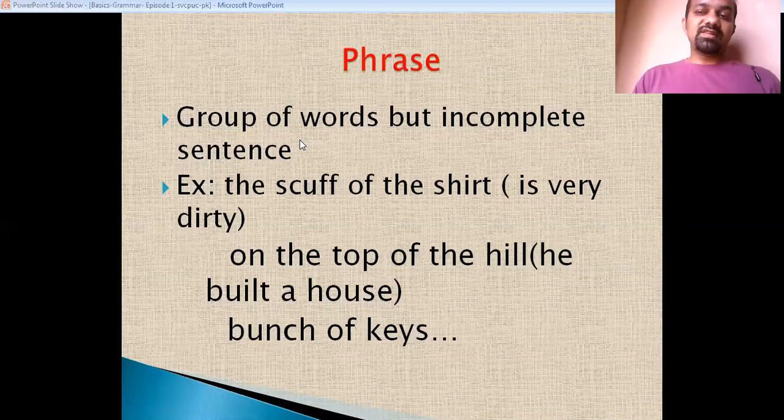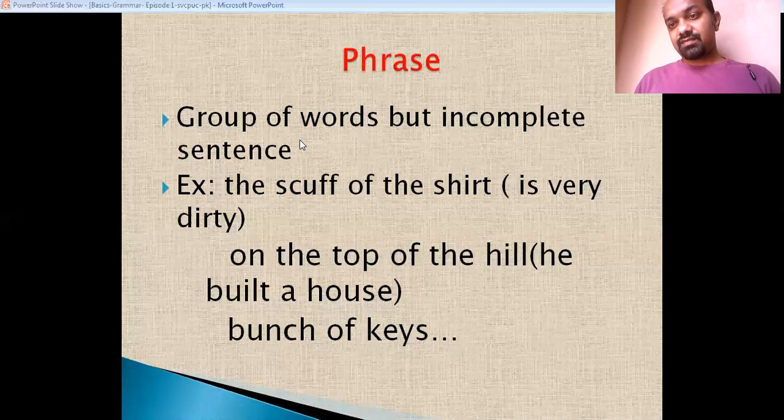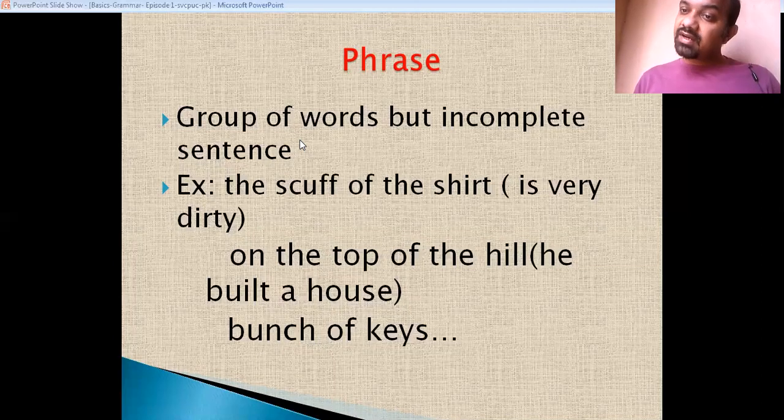Then look at a phrase. After sentence, we look at a phrase. What is a phrase? It is a group of words, but incomplete in its meaning. The cuff of the shirt, for example, is incomplete, does not make any sense. What about the cuff of the shirt?